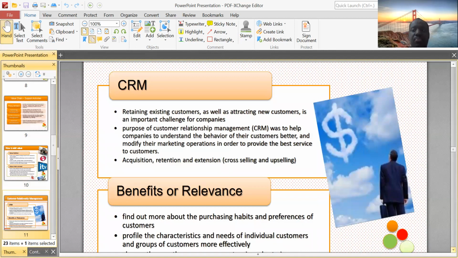Then after that, when the customer came in, they bought a particular product. But what we need here is customer extension. What do we mean by extension? It means you do cross-selling and upselling.